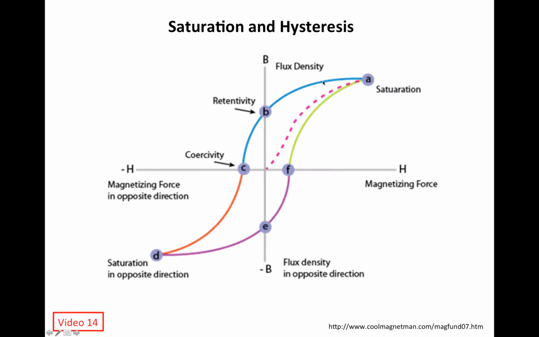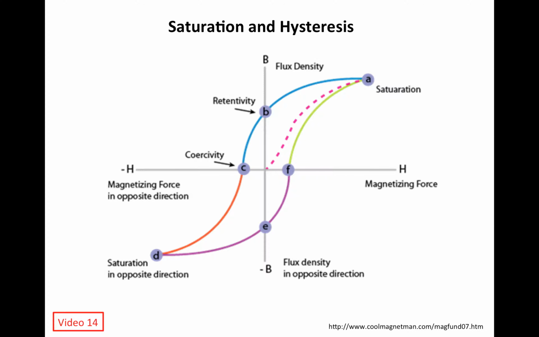So the magnetic material actually absorbs energy during each cycle, and this energy is dissipated as heat. The amount of heat per cycle is equal to the area enclosed by the hysteresis loop, and that's called hysteresis loss.